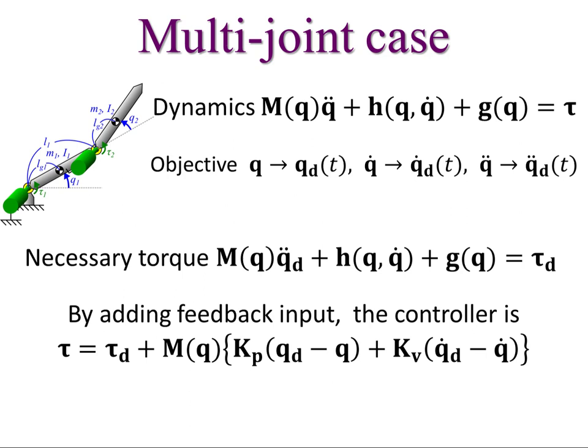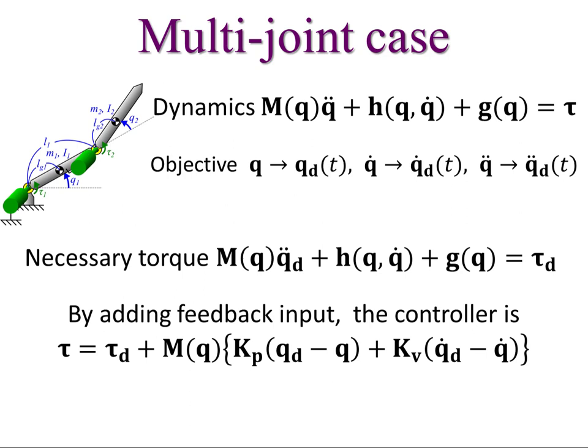However, in this case, the error feedback terms are multiplied by the inertia matrix M from the left. The reason for this will be explained in the stability analysis. Kp is the feedback gain matrix for the joint angle, and Kv is the feedback gain matrix for the joint angular velocity.